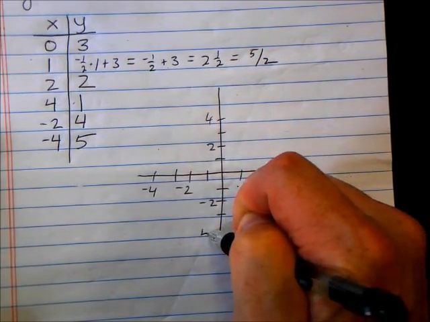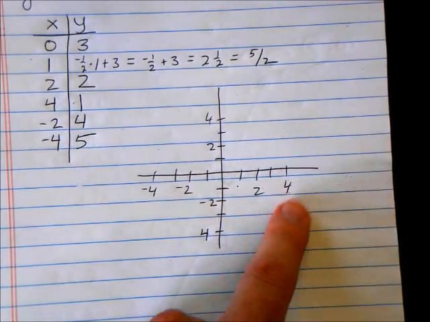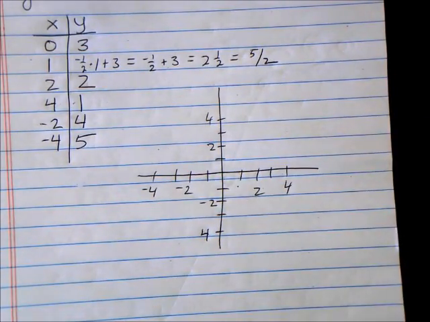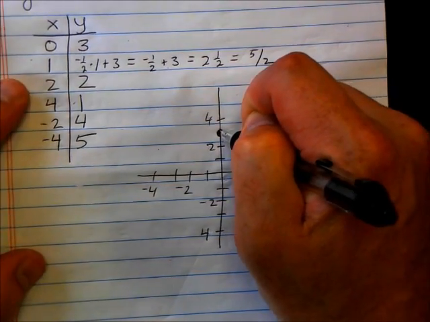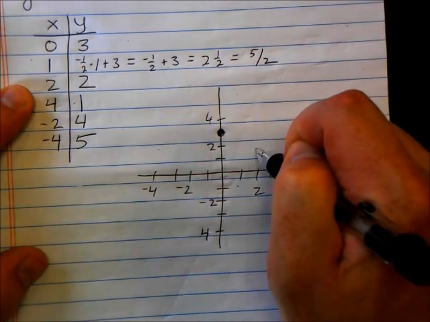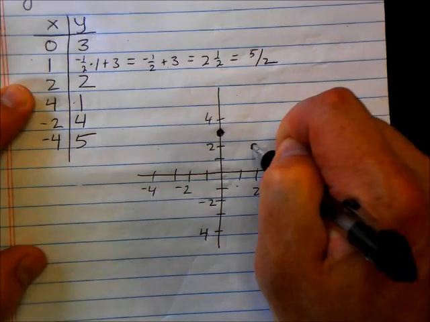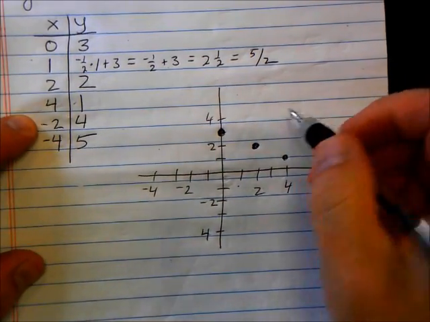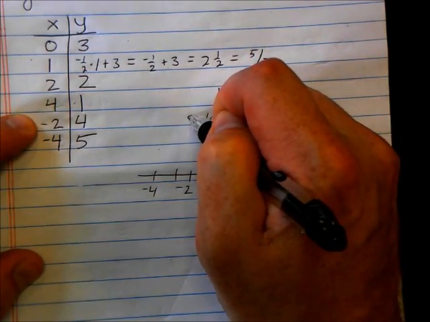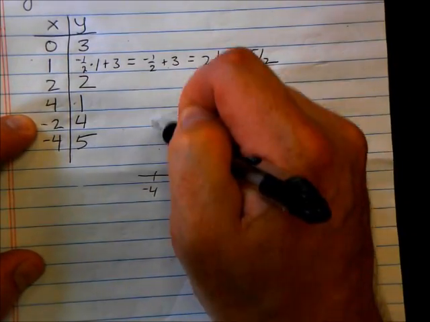If you don't label your little tick marks in some way or the other, I will take points off. I guarantee. All right, so 0, 3 is right here. 2, 2 is there. 4, 1 is right about there. Negative 2, 4. And negative 4, 5.